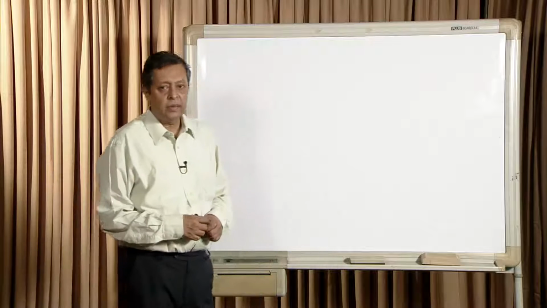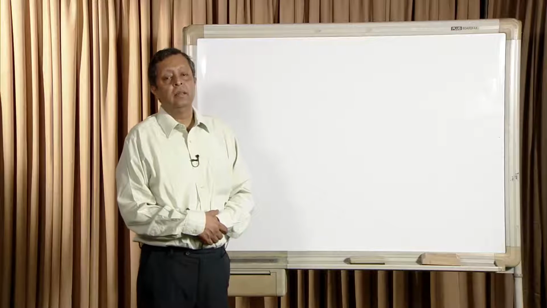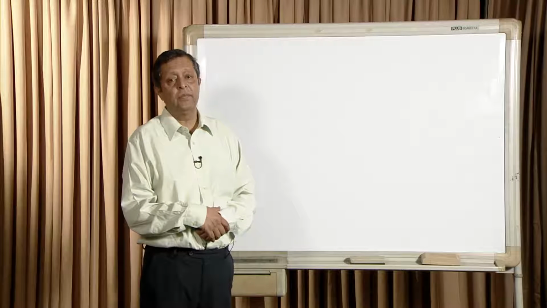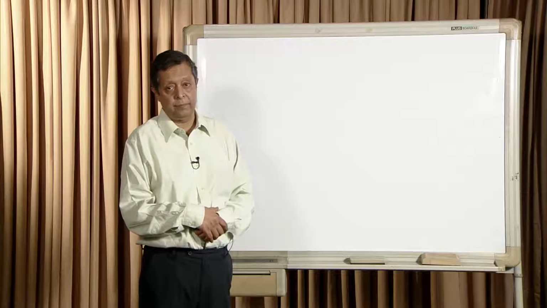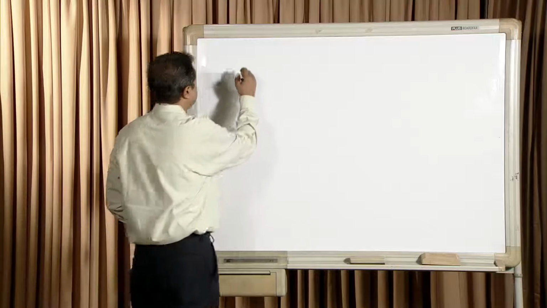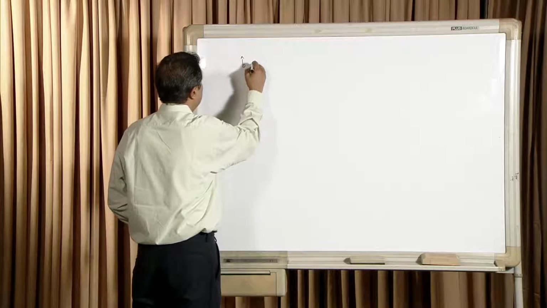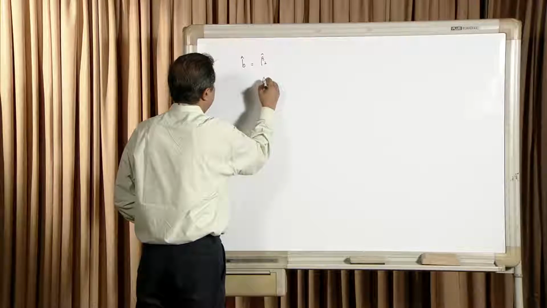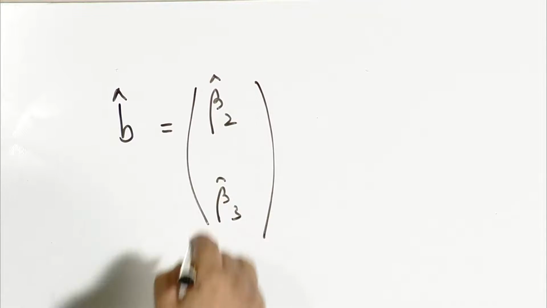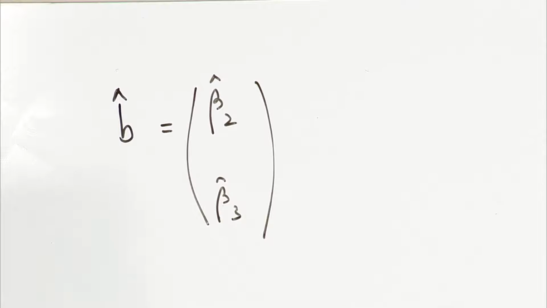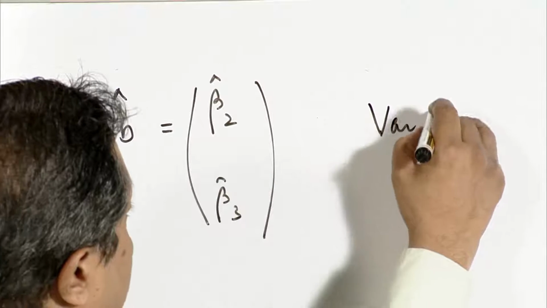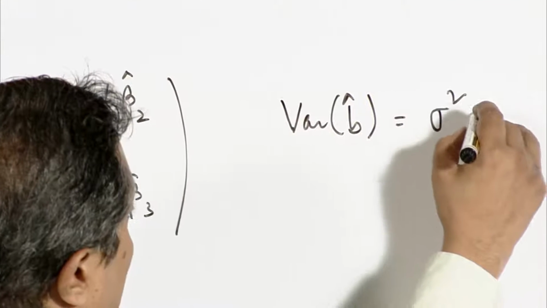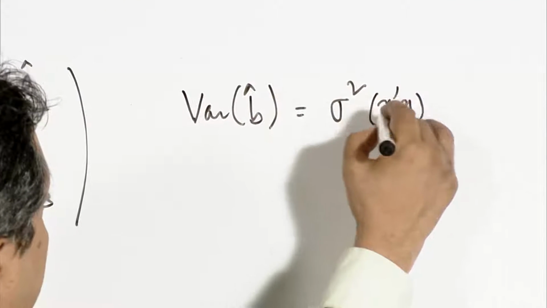So, viewers, let us now explain the variance covariance matrix of the estimated vector b hat. So, we know that b hat is equal to beta 2 hat and beta 3 hat, and we had already explained that variance of b hat is equal to sigma square small x prime x inverse.